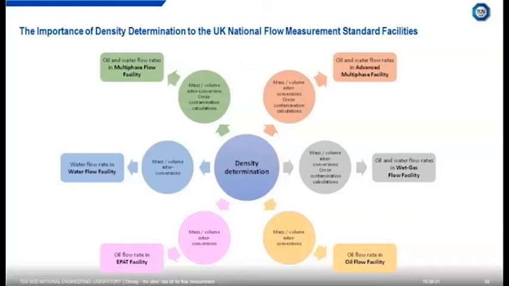In those three facilities, density is also used directly as part of cross-contamination calculations. So the accurate determination of these densities is absolutely fundamental to everything we do in terms of primary flow measurement here at NEL, and that's true for any other flow laboratory worldwide.